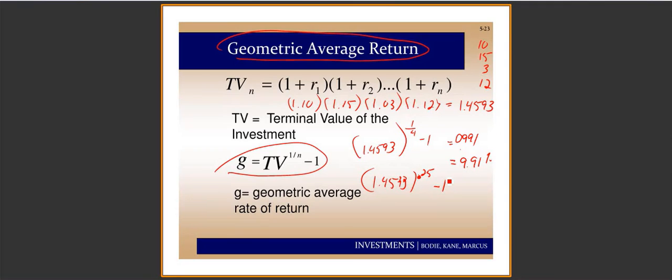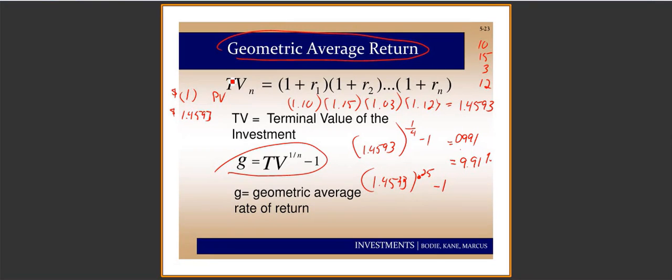You can do that on your financial calculators, using your y to the x key. Another way that you could do this if you wanted to, I'm going to come over on the left-hand side of your slide. We're basically saying if you had invested $1, it's going to grow to 1.4593. So you could enter in a -1 in your calculator if you have a financial calculator.